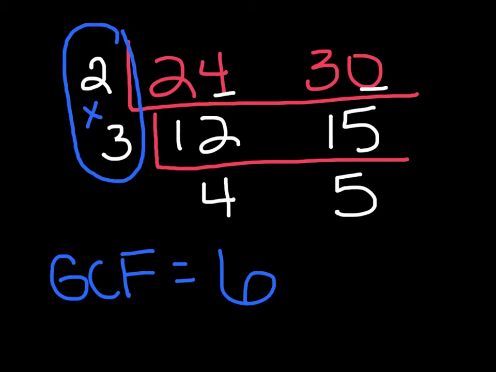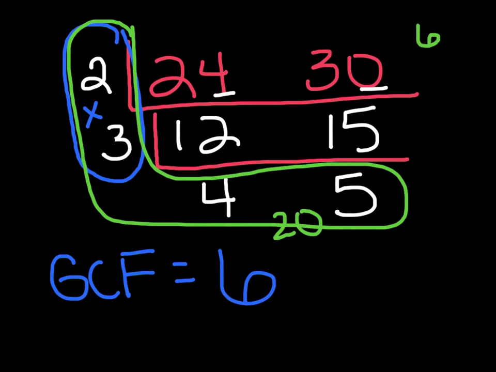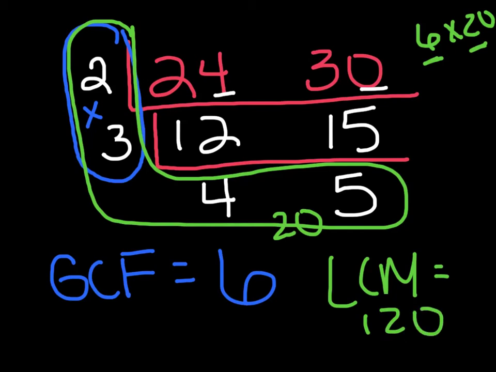Then my least common multiple, remember, starts with the letter L, so I multiply everything in the L. I've already done 2 times 3, which is 6, and 4 times 5 is 20. 6 times 20, using my rules of multiplying with a 0, is 6 times 2, which is 12, and then I add that 0 on the end.